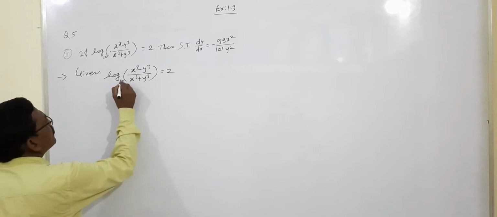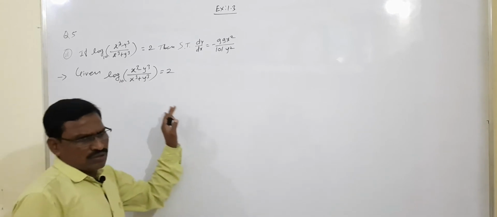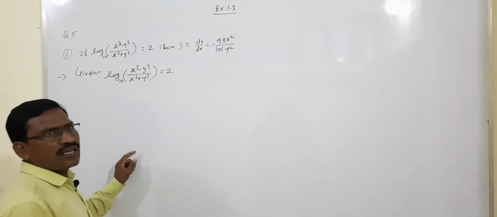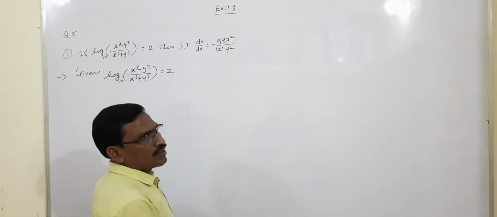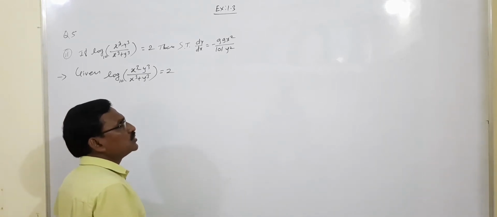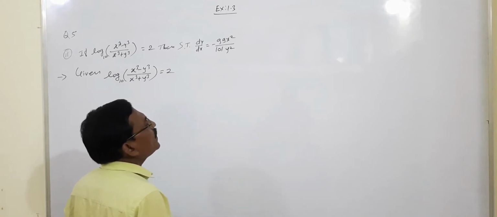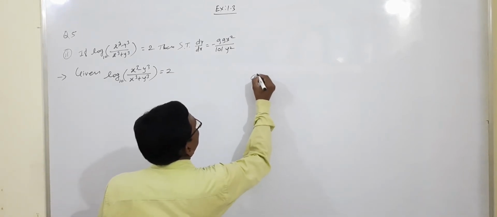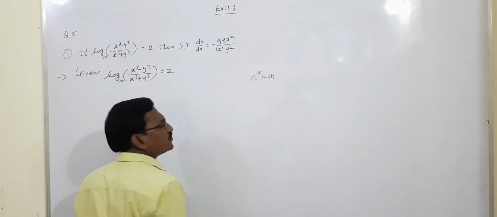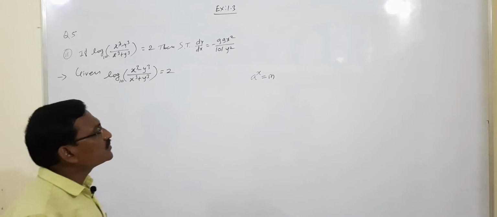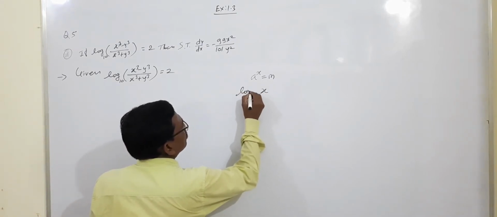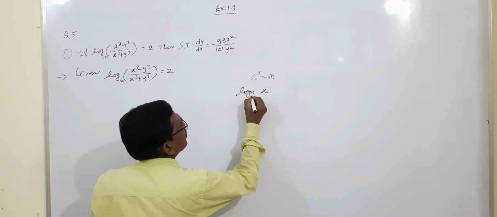Here again we use the definition of log. If a, m and x are real numbers and a is not equal to 1, such that a raised to x equals m, then this x is called log m to the base a.